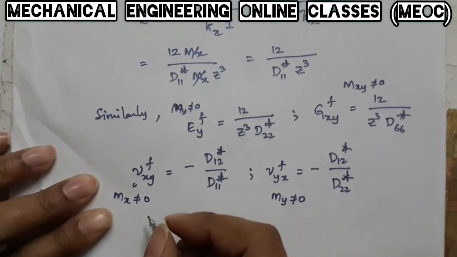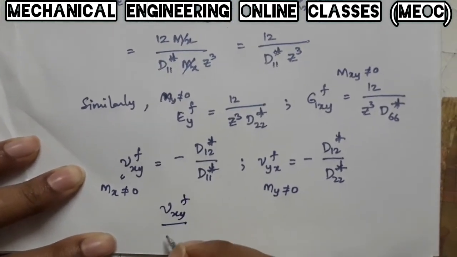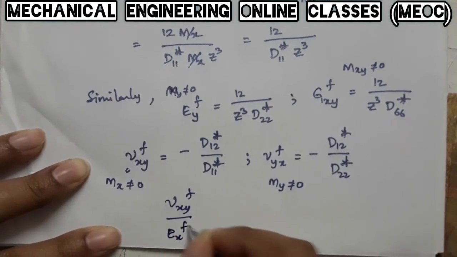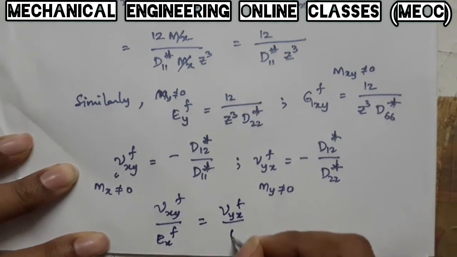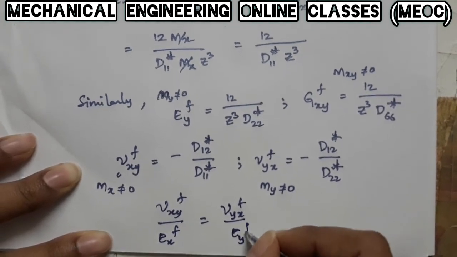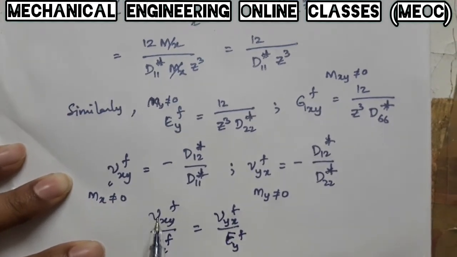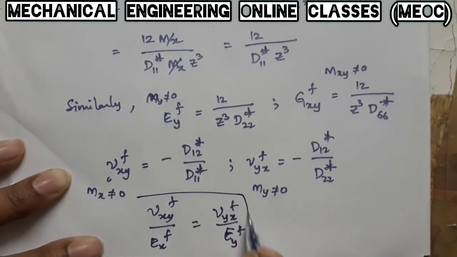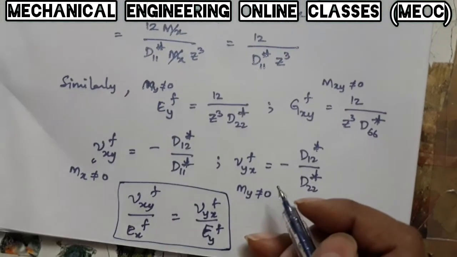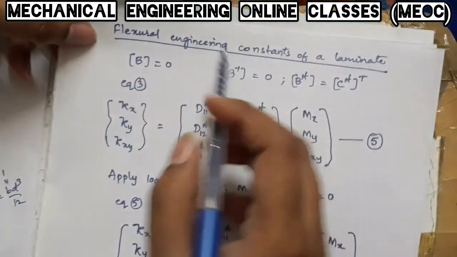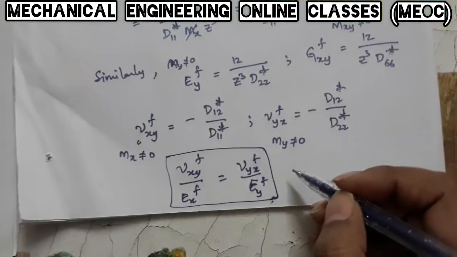And here also we will get nu xyF divided by EXF equal to nu yxF divided by EYF. So for a symmetric laminate, there will be a reciprocal relationship between the Poisson's ratios as in the case of in-plane engineering constants. So this also will hold good for flexural engineering constants.